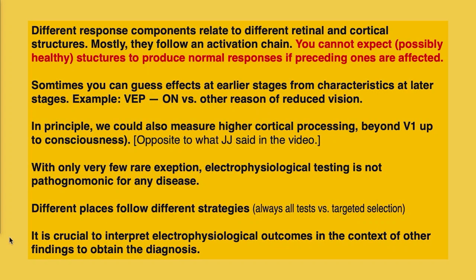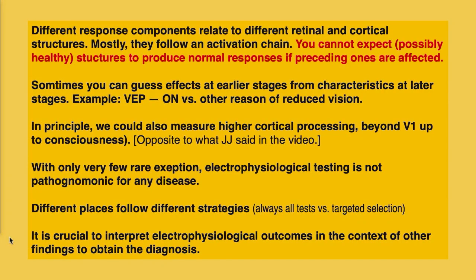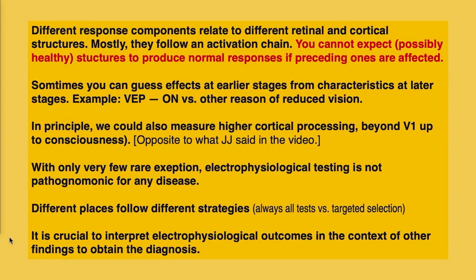And so, different response components relate to different retinal and cortical structures. That's clear. Mostly they follow an activation chain with a few parts branching off, but still these parts branching off have some earlier stages. Sometimes you can guess effects at earlier stages from characteristics at later stages.